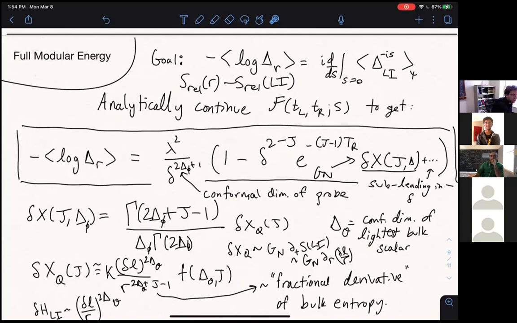I didn't say this, but for j equals 2, the dimension of the probe particle phi drops out of this quantity. So the transition time is independent of the dimension of the particle that you're throwing in, up to non-probe corrections. But in string theory, that dependence on the dimension reappears. I interpret this as saying that string theory is much more dependent on what you're actually using to probe the space.